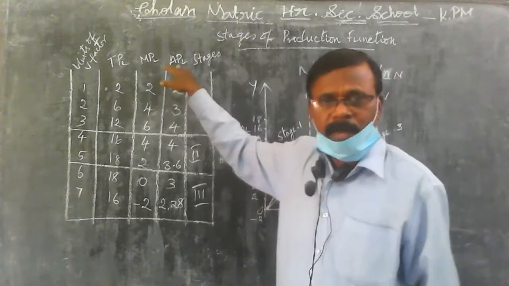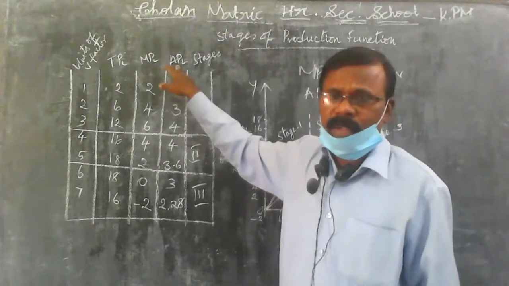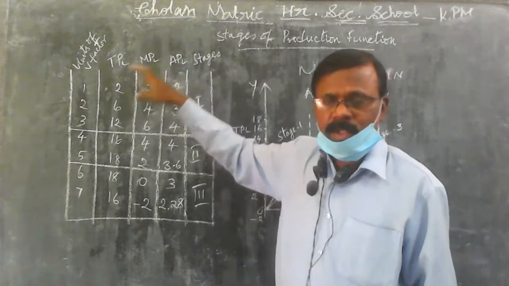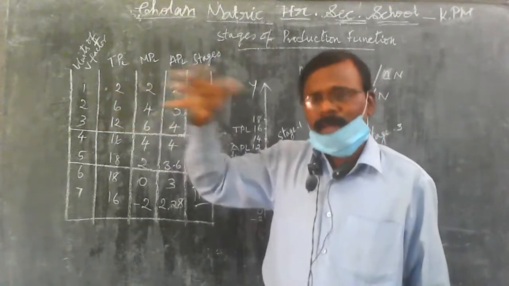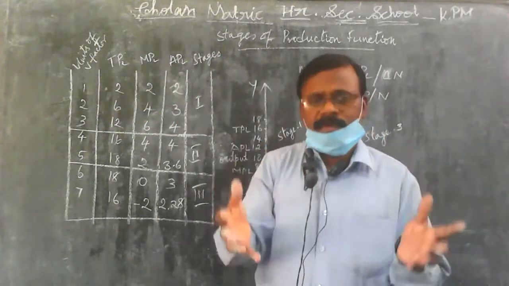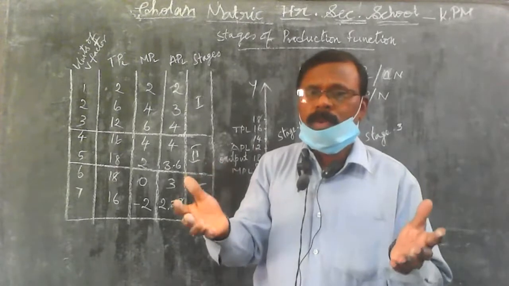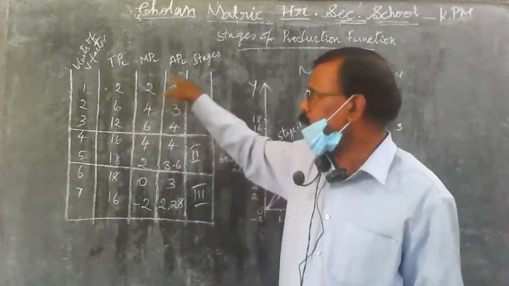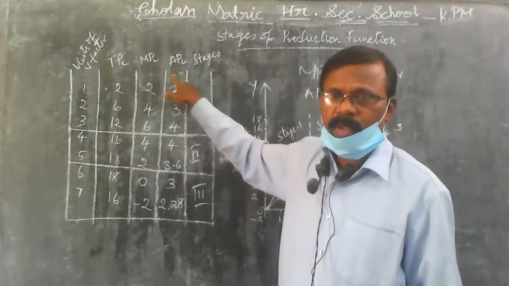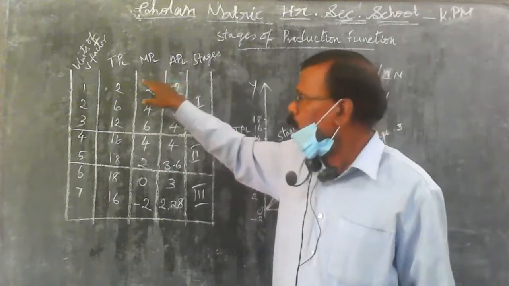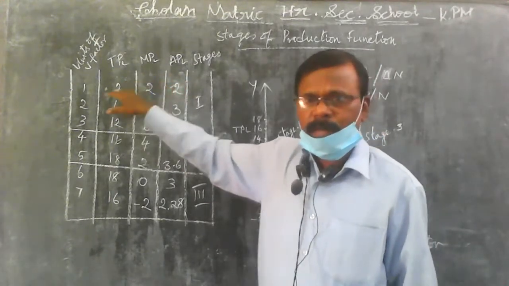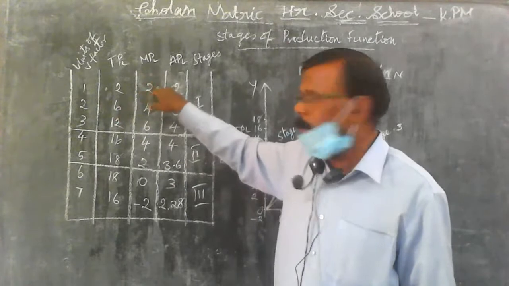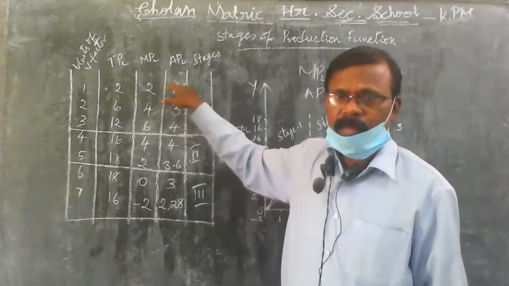Next is AP, average product of labor. It is the result of total product divided by the number of units of input employed. That is APL. I hope you have understood TP, MP, and AP.